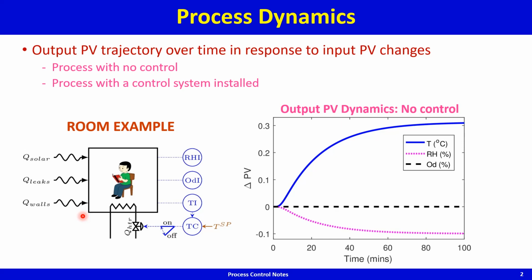So you are interested in two types of responses when the control system is on. How does the output process variable, which is controlled, respond to a change in the set point, and how does the output process variable respond when there is a disturbance?